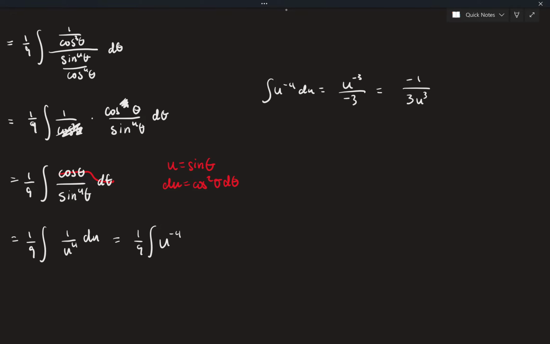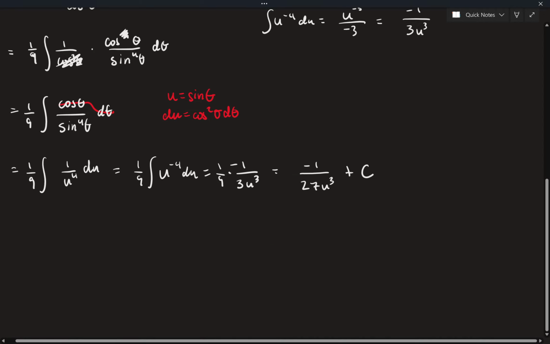That leaves me with a 27 out front, and then I just can backtrack. So that's all of the integration done with.